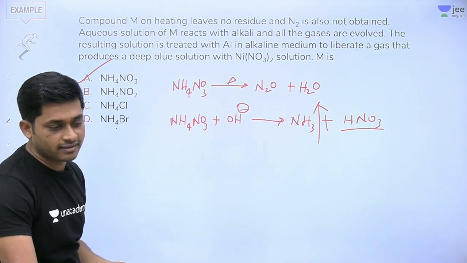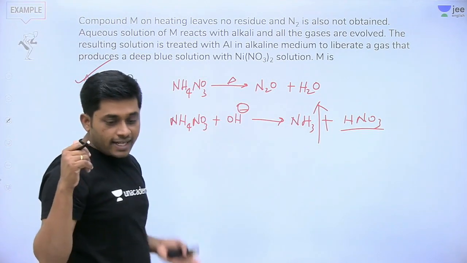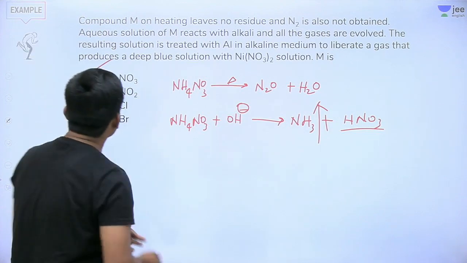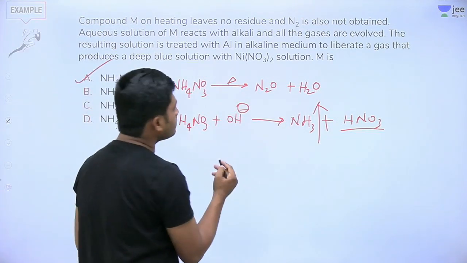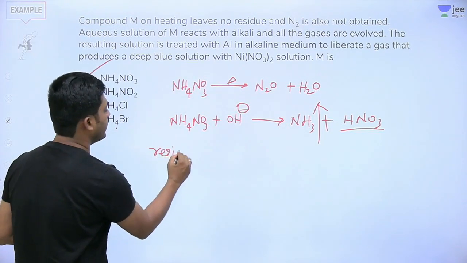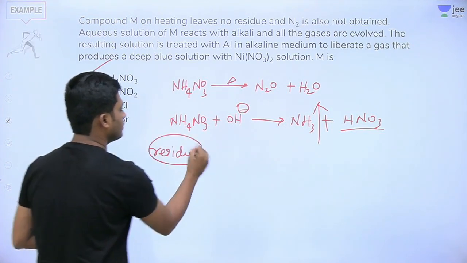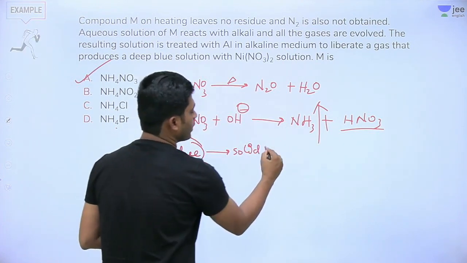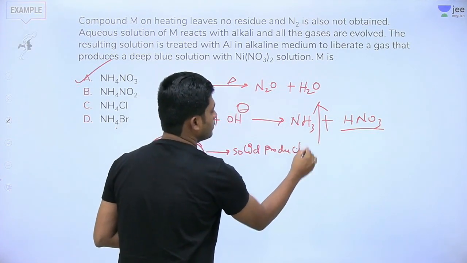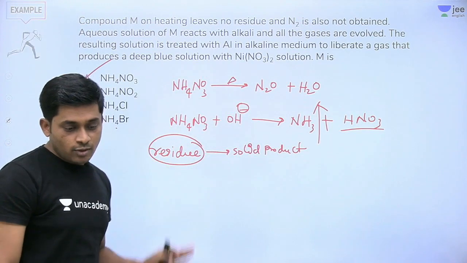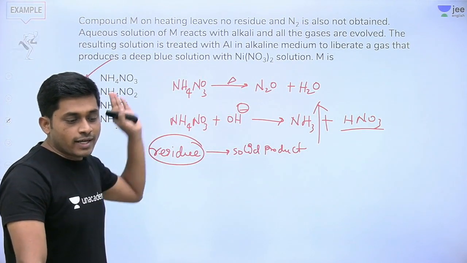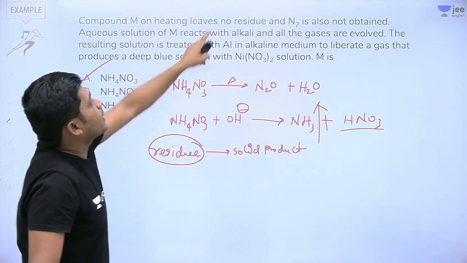plus HNO3 reaction. Okay, residue means the left part. Suppose residue means it is a solid product. So there is no solid product, there is no residue, only gas, no residue.